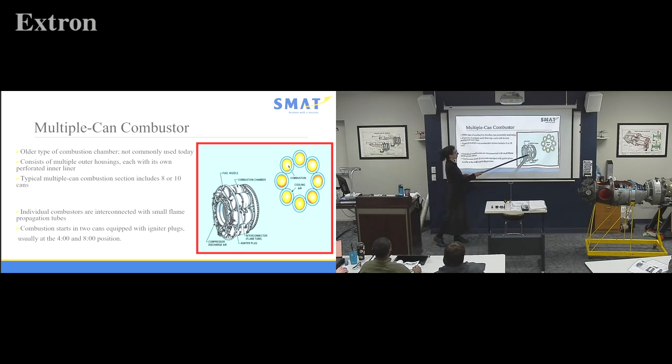So you can think of each one as having its own happy little house, and each one inside of it has its own perforated liner. Typically, on a multiple can combustion section, they'll include 8 or 10 cans.